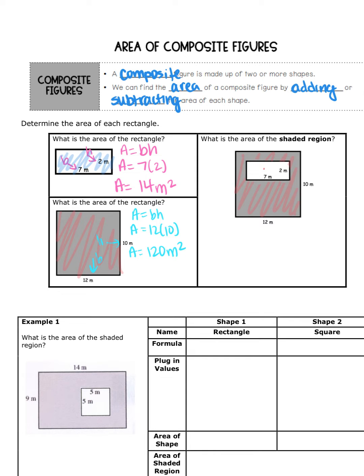If this is 14 square meters and this is 120 square meters, I'm going to subtract them. So 120 minus 14 would be 106. So the area of the shaded area would be 106 square meters.